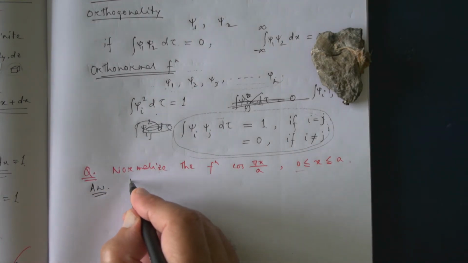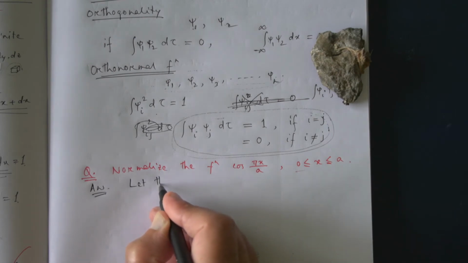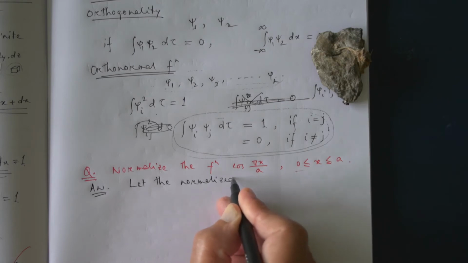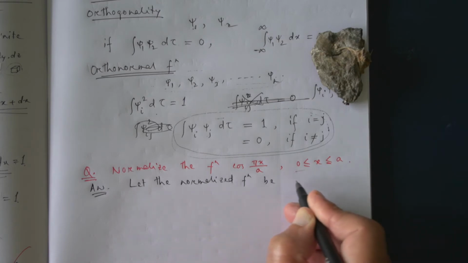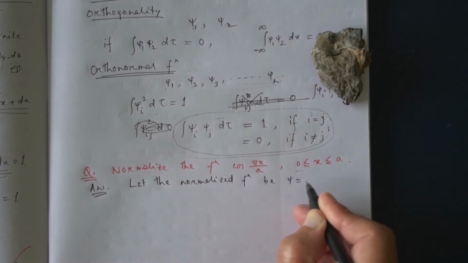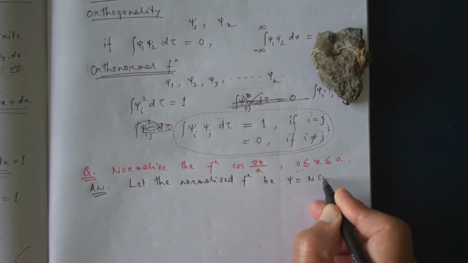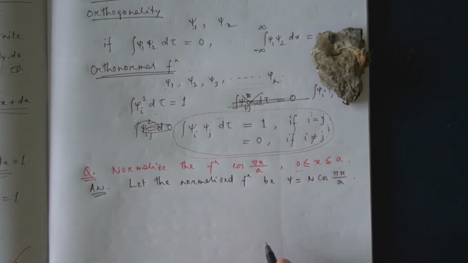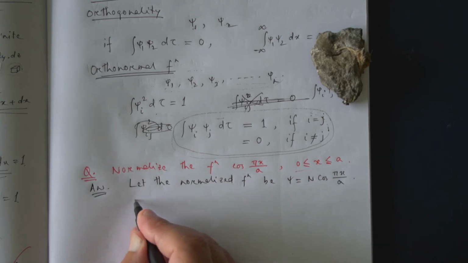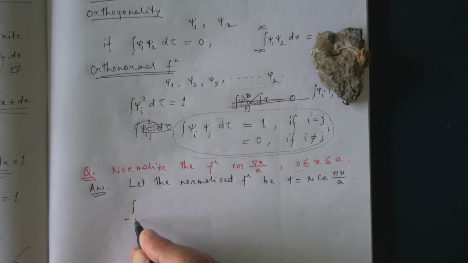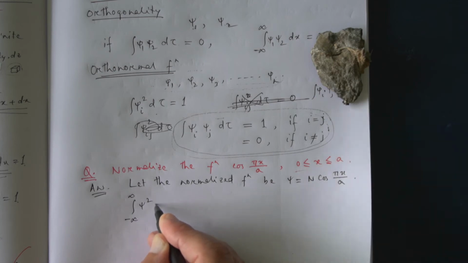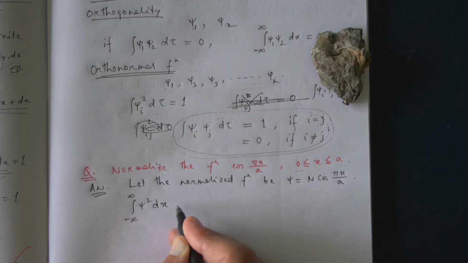First you assume that the normalized function be psi equal to n cos pi x by a. Then we apply the normalization condition. What is the normalization condition? Integration from minus infinity to plus infinity of psi square dx must be 1.